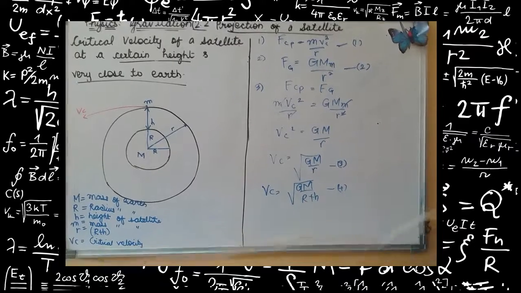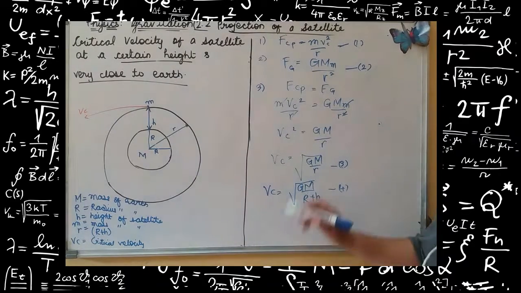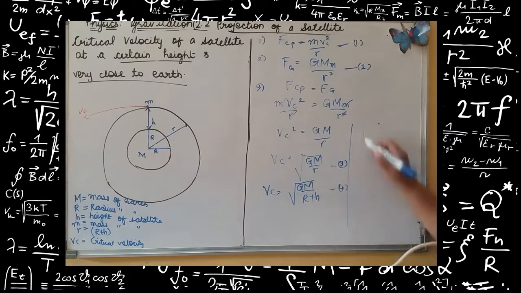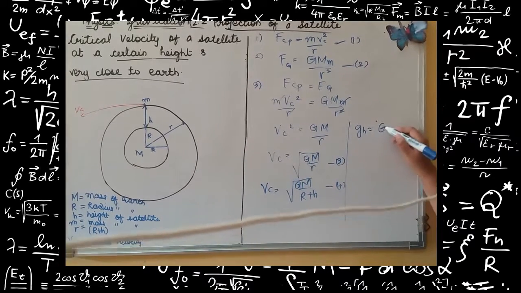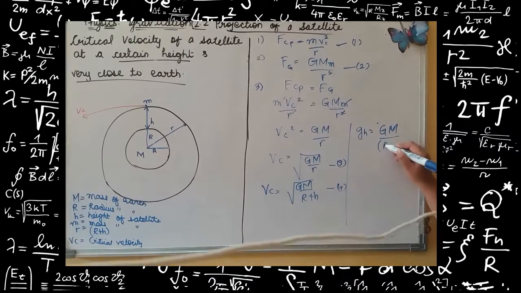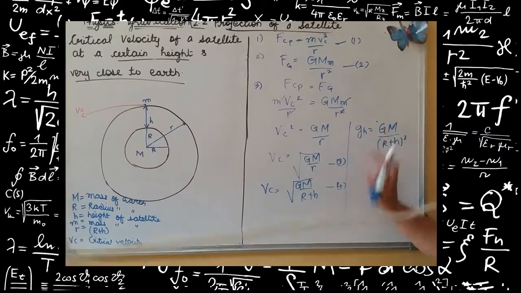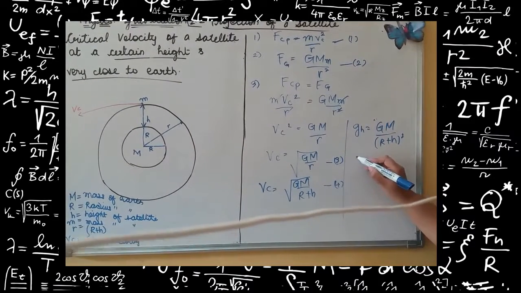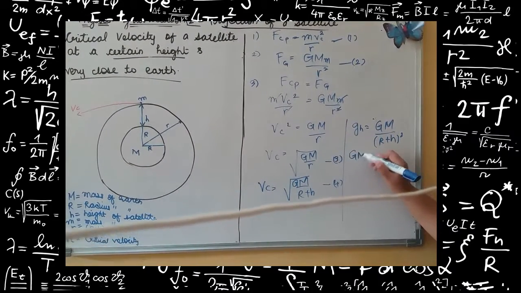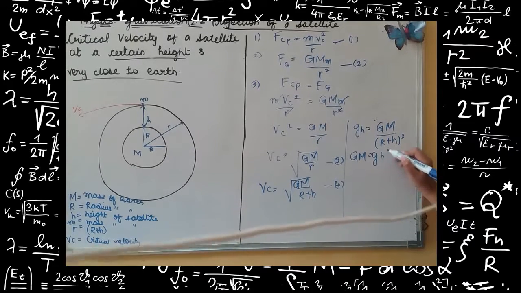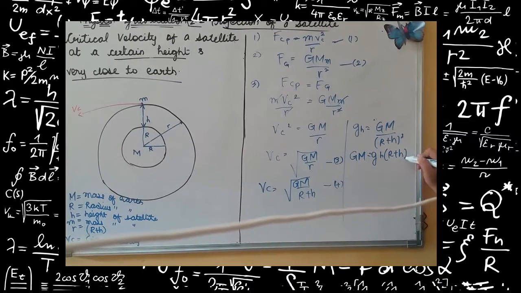Equation number 4. Also, we derived earlier that at a certain height, acceleration due to gravity, gh, is equal to GM upon (R plus h) square. We can remove the value of GM from here. GM is equal to gh (R plus h) square.